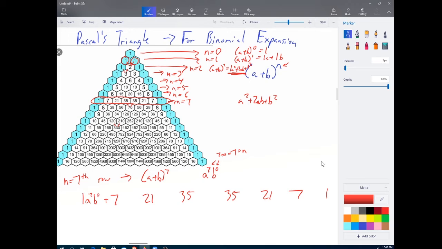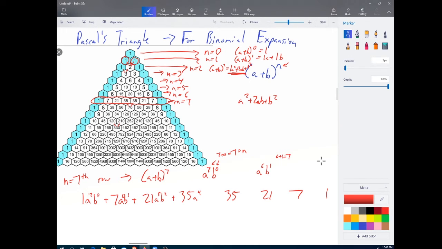And what's going to happen is the next term, you're going to decrease the first term's power by 1 and increase the next term's power by 1. So we still have 6 plus 1 equals 7. And I'm going to get 7 a to the 6th, b to the 1st. My next term will be a to the 5th, b squared.